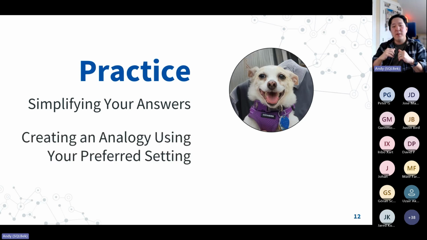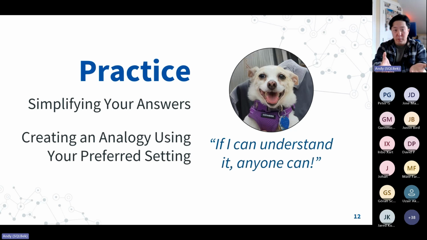Then think about whatever familiar setting you want to choose. How might I answer that? How might I craft an analogy to better answer that question, using whatever setting you are most comfortable with? I hope these two techniques will help you on your journey to utilizing analogies more effectively.